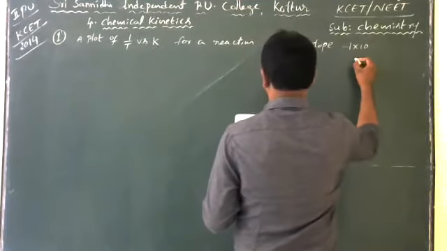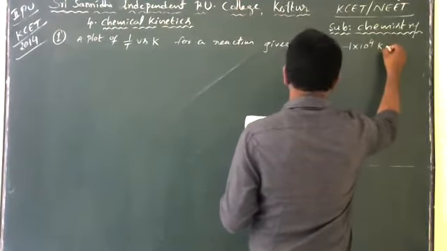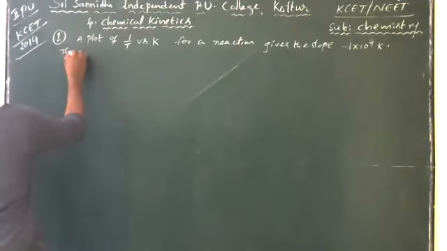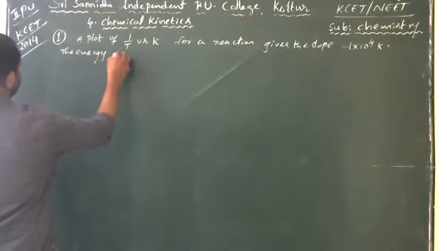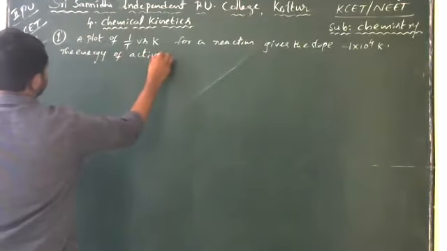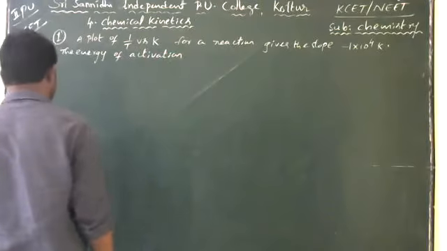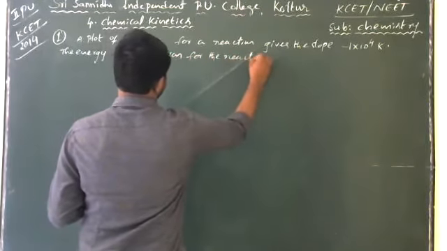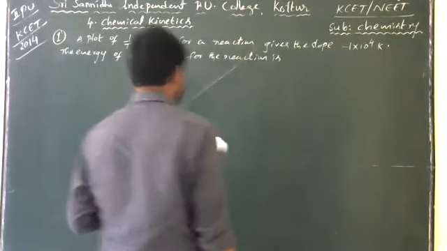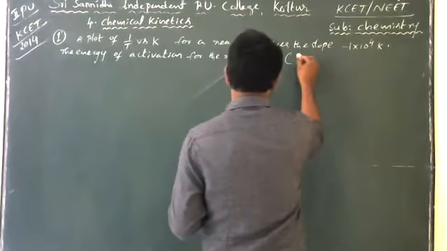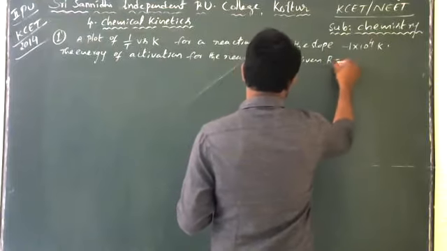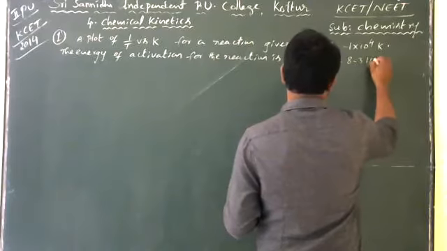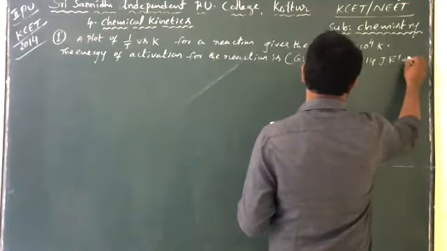Minus 1 into 10 power 4 K. The energy of activation for the reaction is asked, so the activation energy is to be calculated. Given R is equal to, that is the universal gas constant, 8.314 joules per Kelvin per mole.